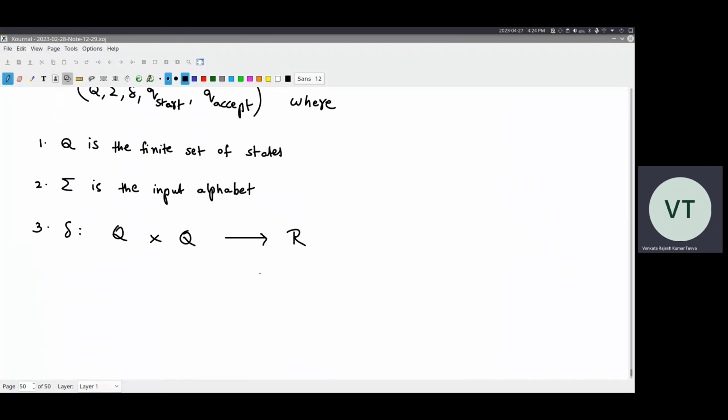In the DFA case, for a given state and a given input, we get only one state, so that is Q cross sigma to Q. In the case of NFA, for a given state and a given input, we get a set of states, so that is Q cross sigma to P of Q. But in this case, between any two states there will be only one regular expression, so this is Q cross Q to R. But there is a slight variation in the domain. Can you guess what that is?